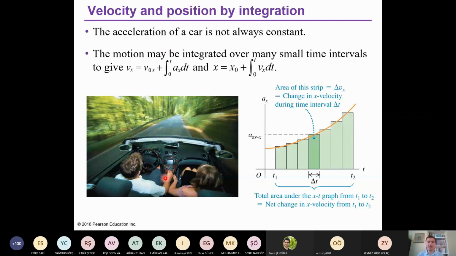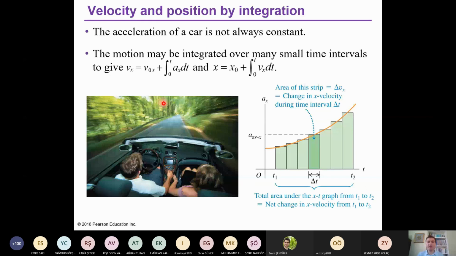So when you are driving a car, let's consider that you start from rest and you are accelerated from rest to 50 km per hour with some certain acceleration. And then from 50 km per hour to 100 km per hour, you have a different acceleration, okay?